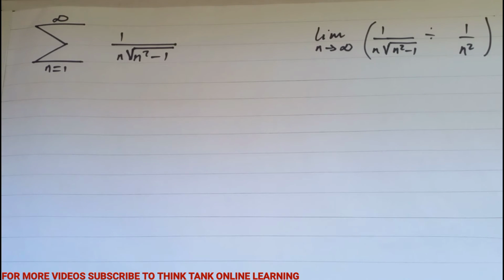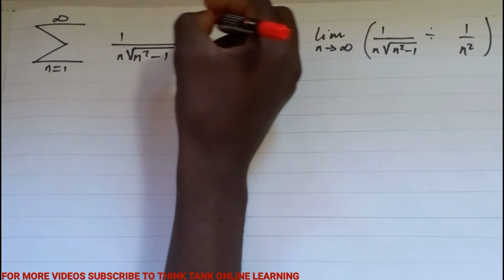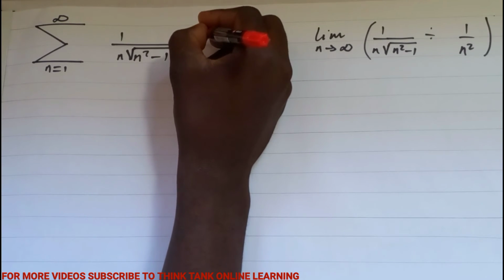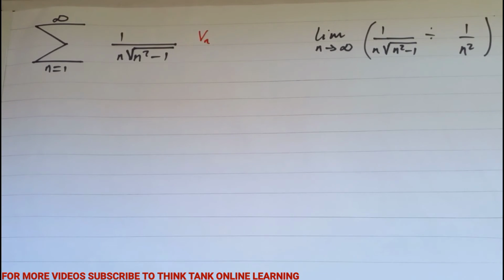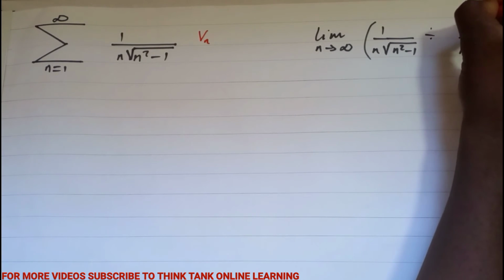So now let us compute the test. I'm going to call this Vn, and this is Un.